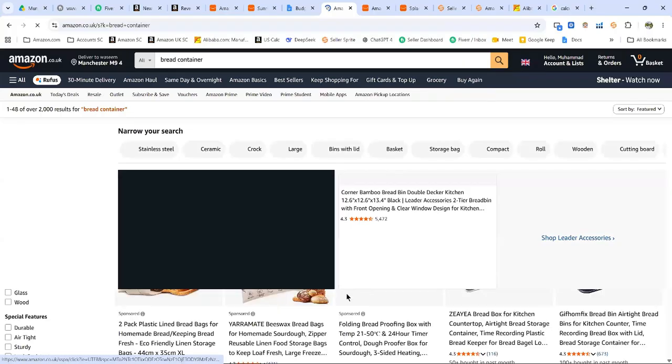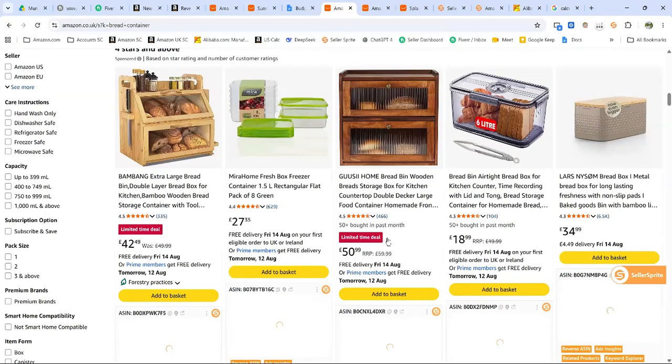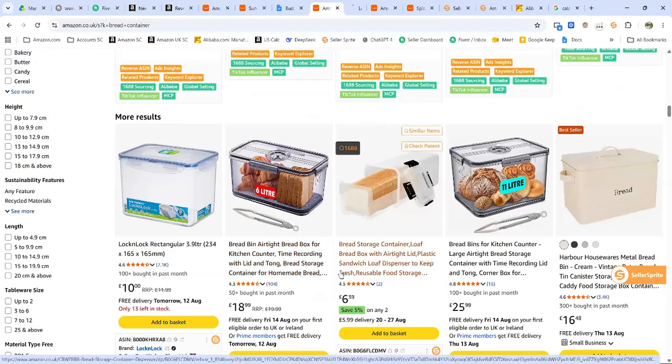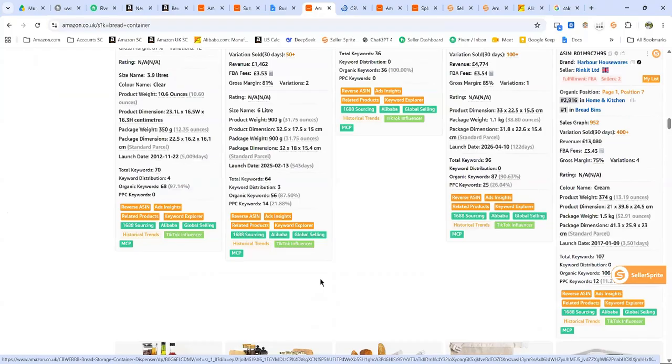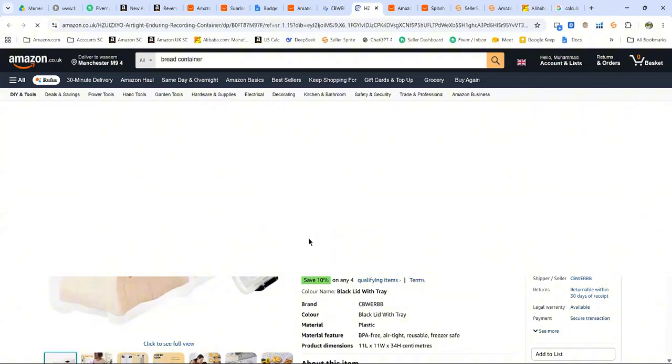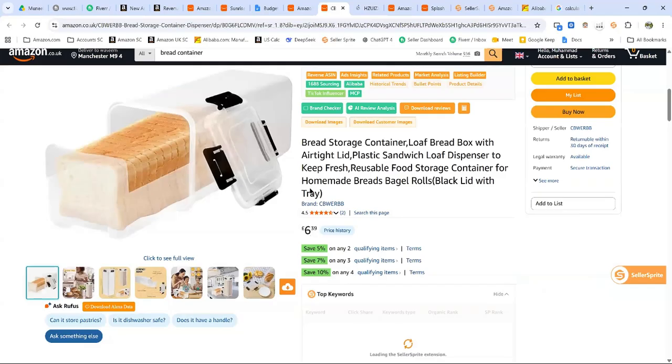Let's say you're doing a bread container. Let's try this one. Here you can see the selling price is 6.4.